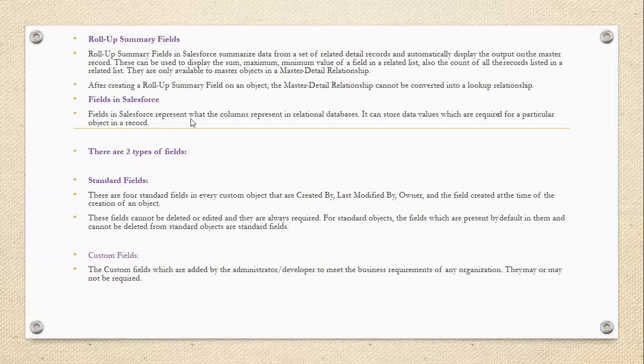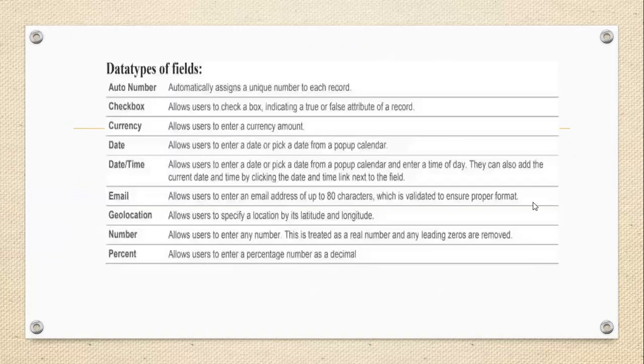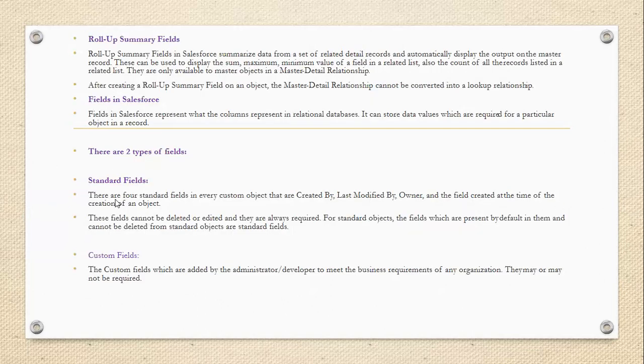Fields in Salesforce. Fields in Salesforce represent what columns represent in a relational database. They store data values which are required for a particular object and its records. There are two types of fields. Standard fields: there are standard fields in every custom object, such as created by, last modified by, and owner, created at the time of creation of the object.